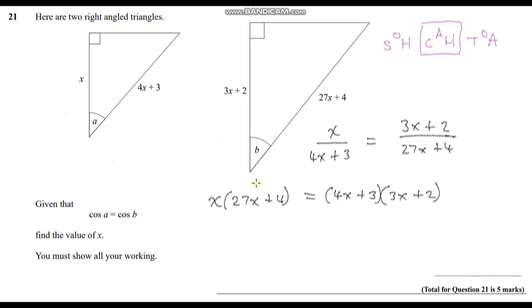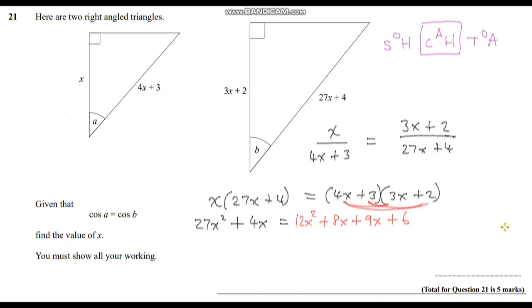So now if we just expand the brackets, over this side we've got 27x squared plus 4x, and that equals, I'm just going to FOIL this out: 4x times 3x is 12x squared, 4x times 2 is plus 8x, 3 times 3x is plus 9x, and then 3 times 2 is plus 6.